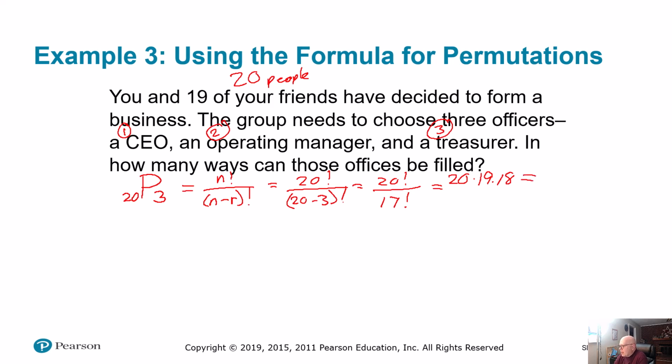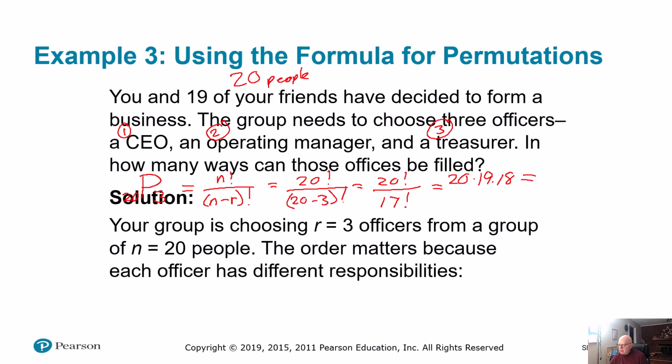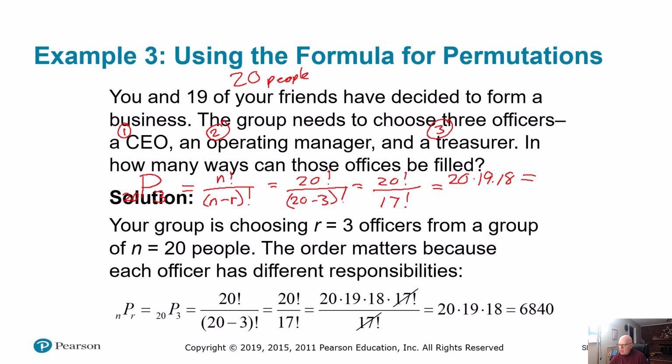Multiply those 3 together, and that'll tell you how many ways you can fill those 3 positions. You're selecting 3 from a group of 20. Order matters. That's why you're using permutations.